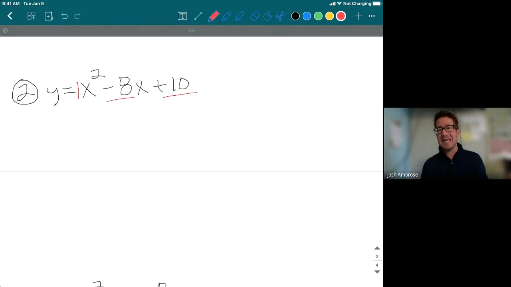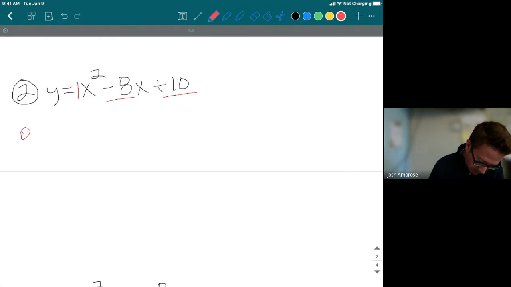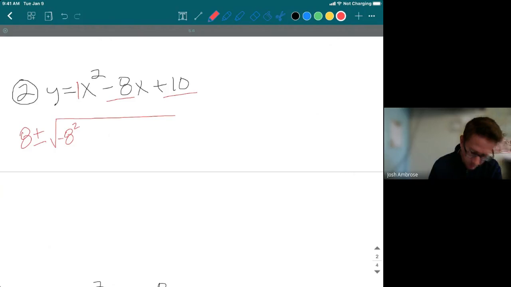Remember, it's negative B. But if B is a negative given in the equation, then it's going to go back and be a positive. So we're looking at now 8 plus or minus the square root of B squared, which is -8 squared, the same thing as 8 squared.